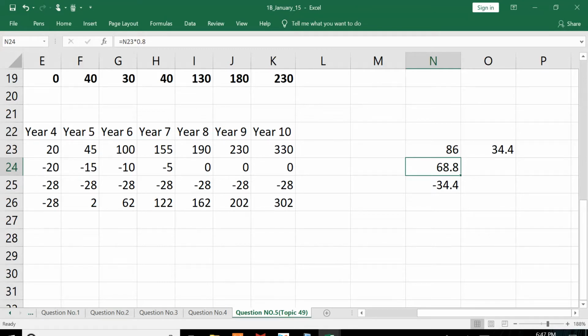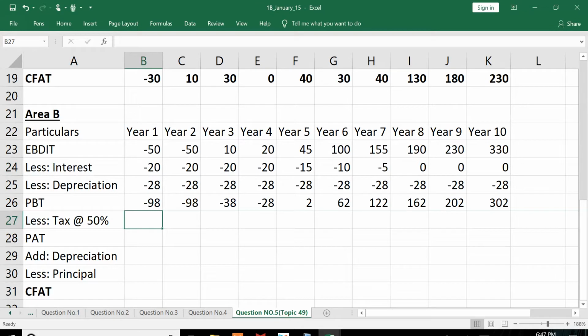In the real world, you may have to show it like this: profit 86, exemption 20%, taxable profit 68, tax is 34. Instead of showing it that way, I am going to straight away show 40%. Let it be taxed at 50% itself in the earlier years, 0, 0, 0, 0, 0.